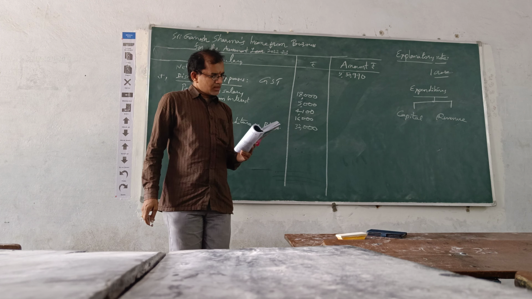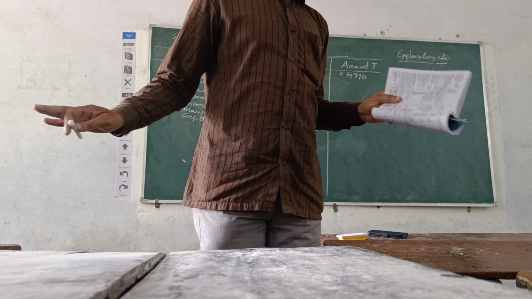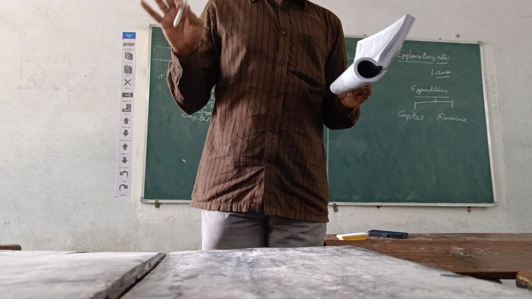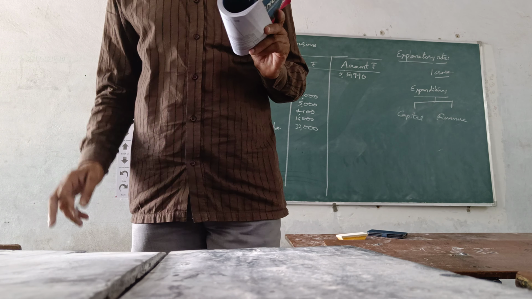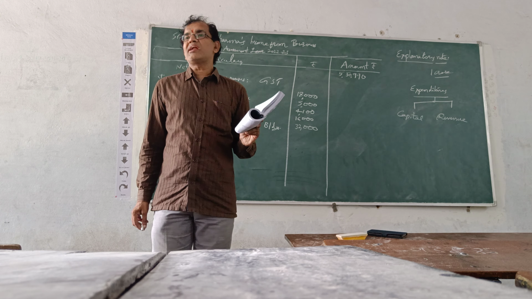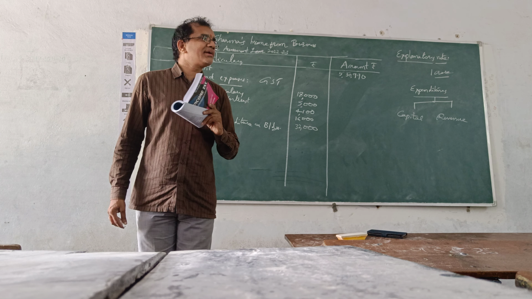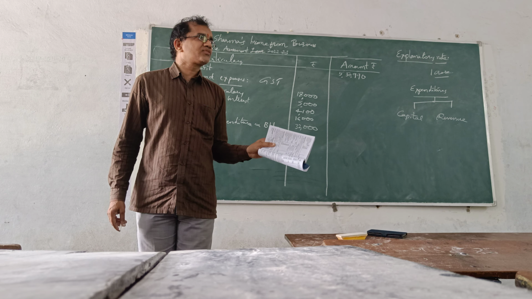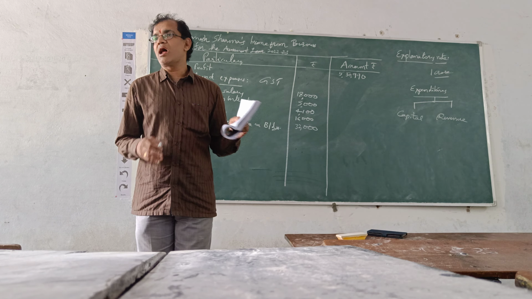Next one. Provision for, remember, provisions are not allowed except one provision. That one provision is provision for warranties. That is allowed. But provision for doubtful debts is not allowed. Okay? So all provisions, bad debts provision, doubtful debts provision, depreciation provision, these are not allowed.